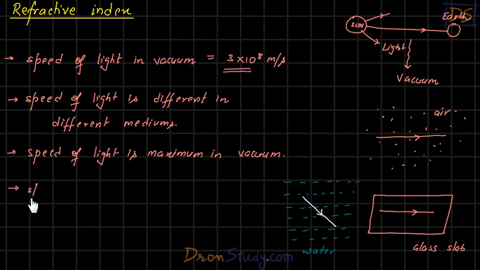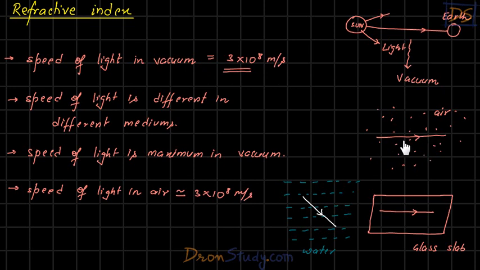Next point is the speed of light in air. The speed of light in air is also approximately 3 into 10 to the power 8 meter per second. The actual thing is that the speed of light in air is slightly less than this value. This is the speed of light in vacuum, the maximum possible speed of light.